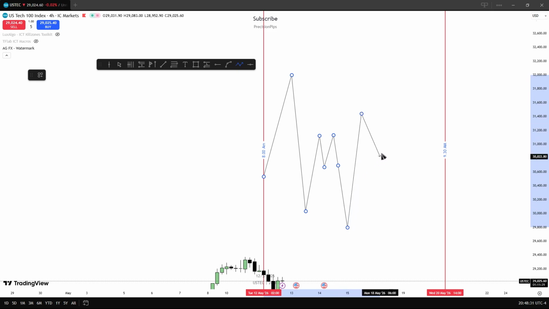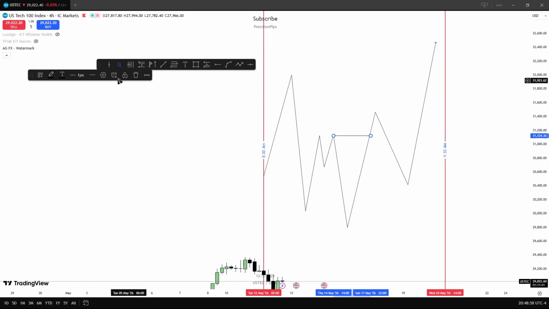Now we look for our point of entry, which is a PD array, fair value gap, or CISD, change in state of delivery. So we mark up premium and discount and take out the data high. This is a Venom model.